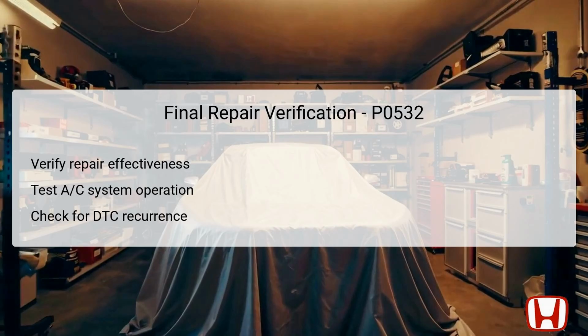Additionally, after repairs, use the Honda Diagnostic System, HDS, to check if any DTCs reappear. Ensure that DTC P0532 does not return, thus validating that the root cause of the problem has been addressed effectively. Confirming these points is vital, not only for customer satisfaction, but also for maintaining service reputation.